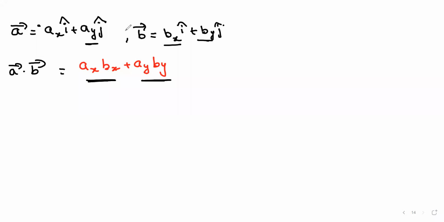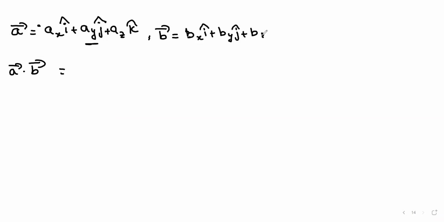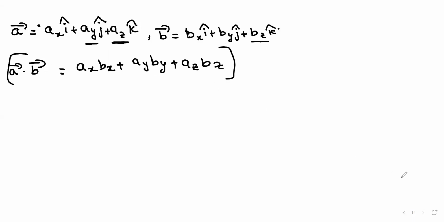So if you have one more term, plus AZk, and B as BXi plus BYj plus BZk, then A dot B is AX BX plus AY BY plus AZ into BZ. Okay, so we are going to use this here.